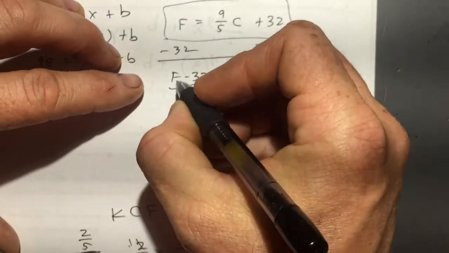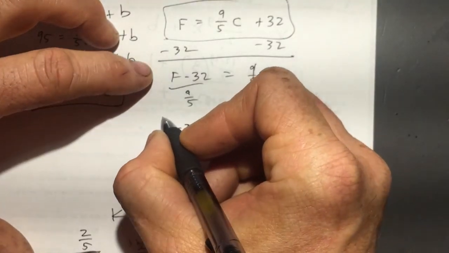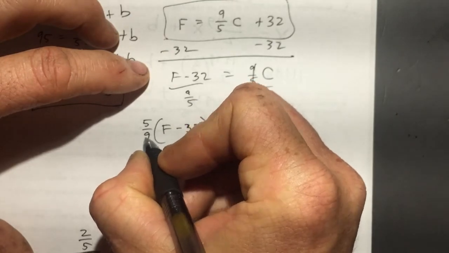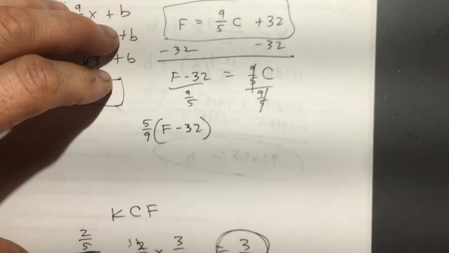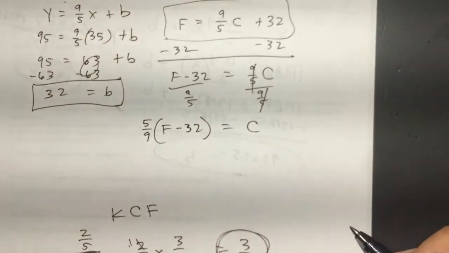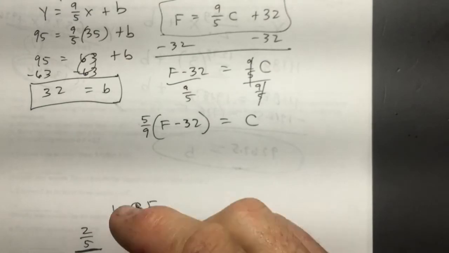I need to keep this top. I'm going to change from a divide to multiply, and I'm going to flip this. Okay. And then I would distribute that.